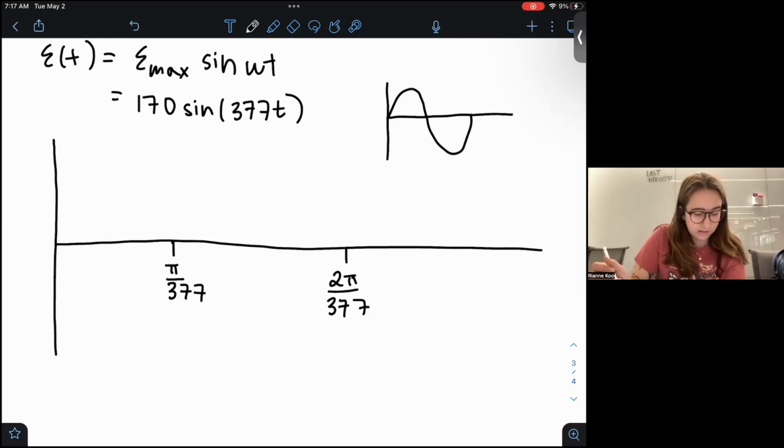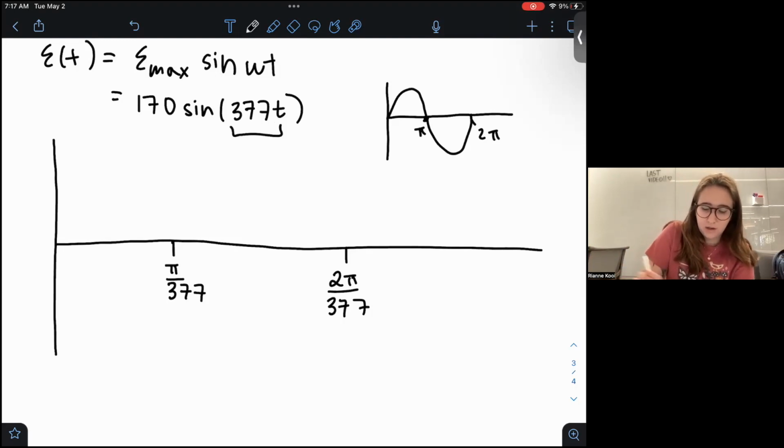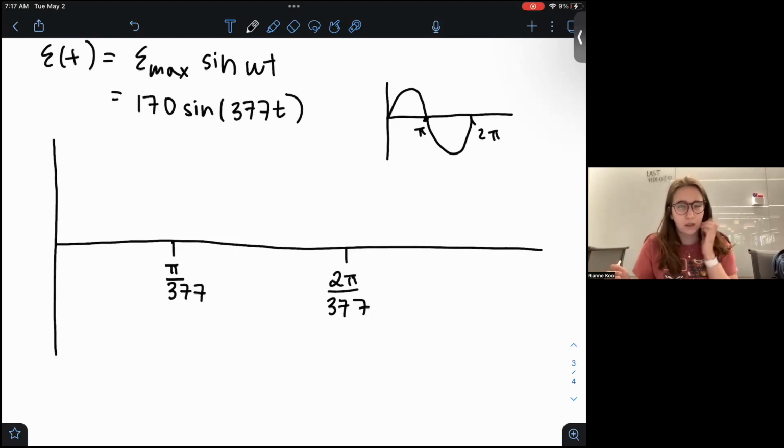And when it hits this value right here, it is at pi radians, and then this one is 2 pi radians. So since we have this other term in front of it, we need to take that into account. So we divide it out, and that is how you get your frequency.